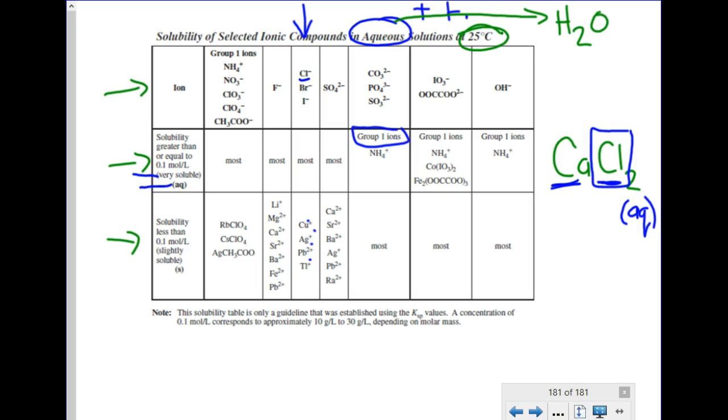Yep. Good job. So if it says group 1, it means hydrogen, lithium, sodium, potassium, rubidium, cesium, or francium. It does this in a couple places. In these 3, but also it appears up here.